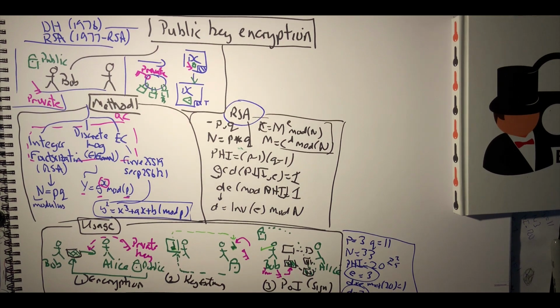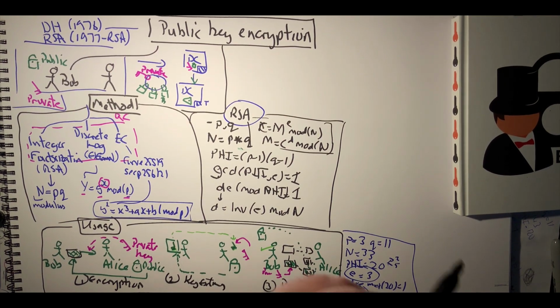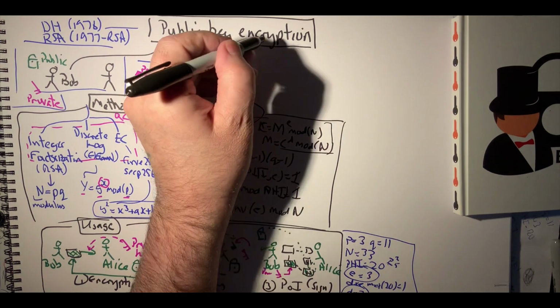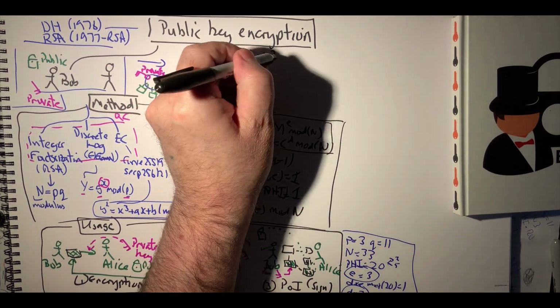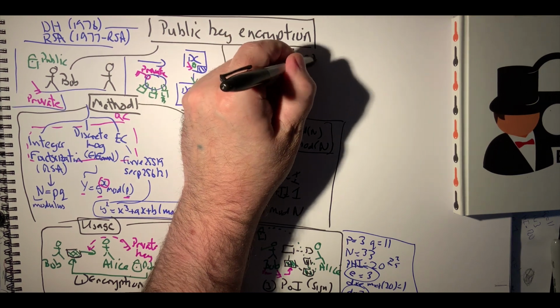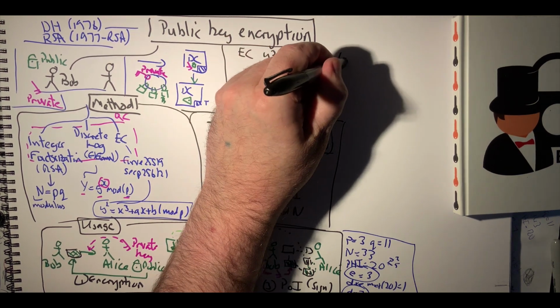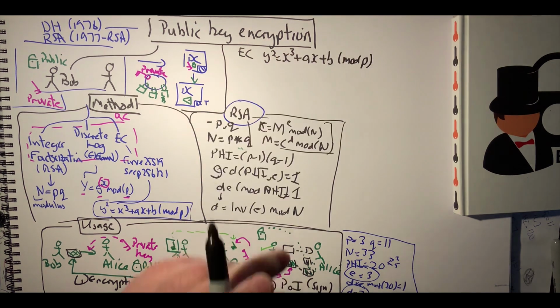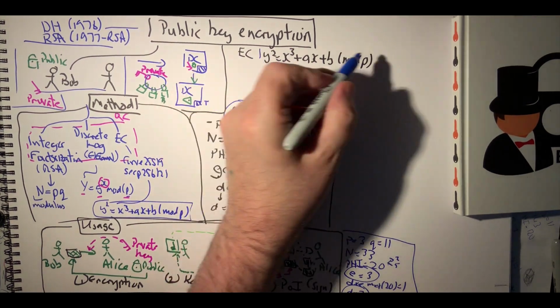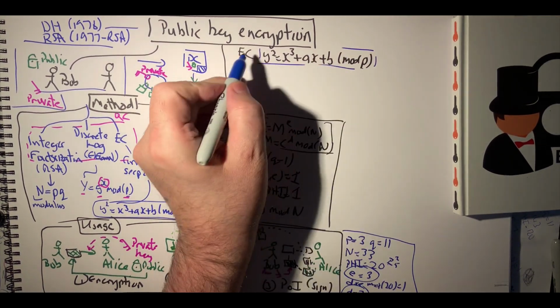The method that we most often use these days is called elliptic curve. And with elliptic curve, we have y squared is equal to x cubed plus ax plus b mod p. This is the standard equation that we have for our elliptic curve, or one of the equations that we have.